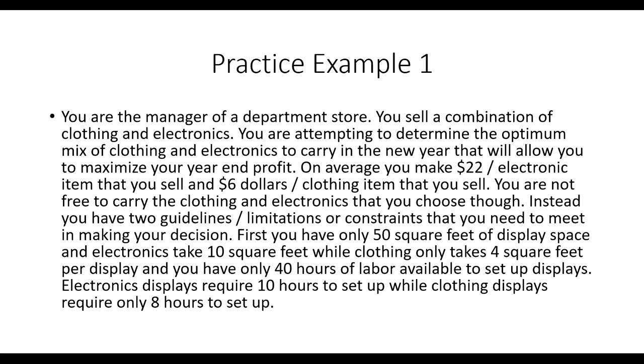On average, you make $22 per electronic item that you sell and $6 per clothing item that you sell. You are not free to carry the clothing and electronics that you choose, though. Instead, you have two guidelines, limitations, or constraints that you need to meet in making your decision.